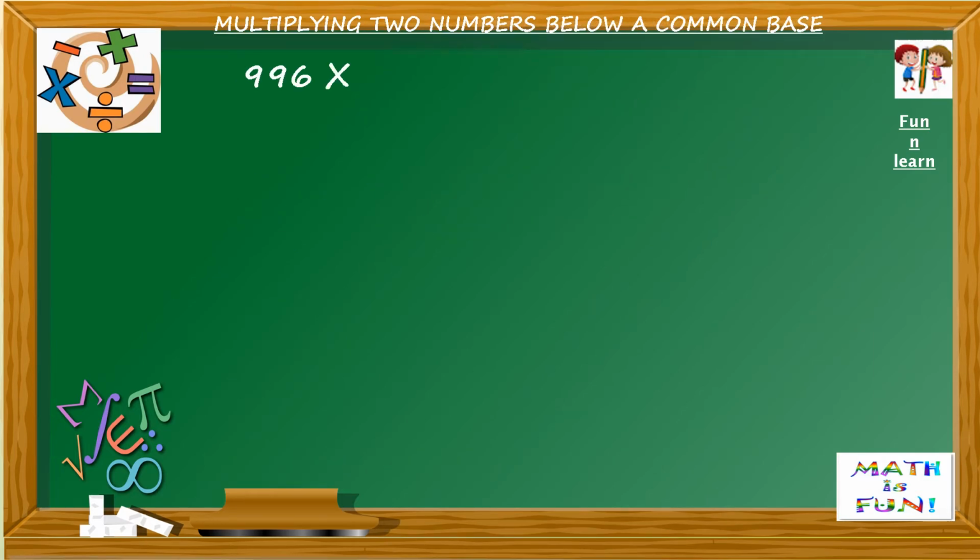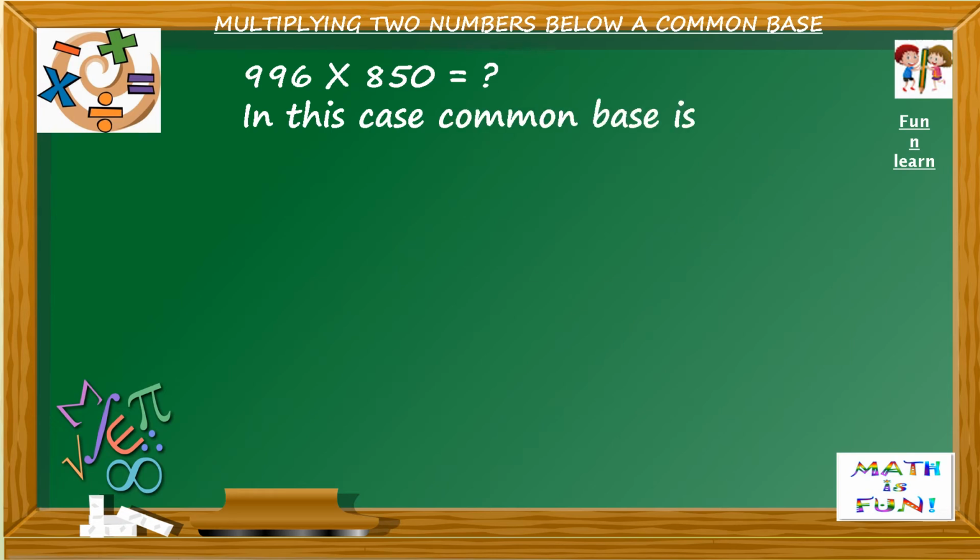Our next example is 996 into 850. In this case, the common base is 1000. 996 is 4 less than 1000, and 850 is 150 less than 1000.